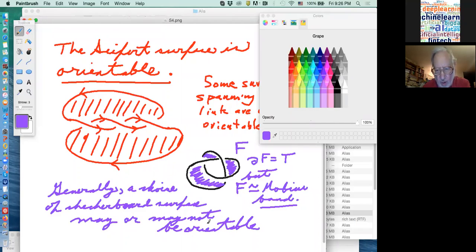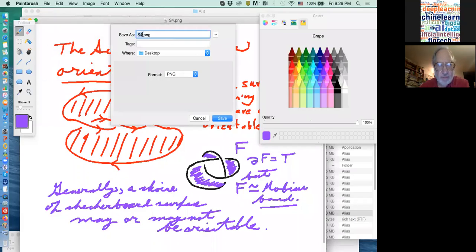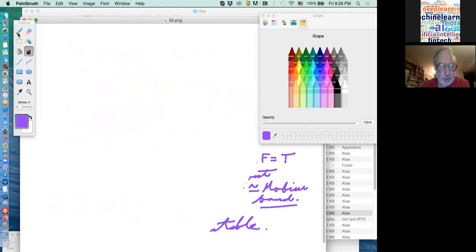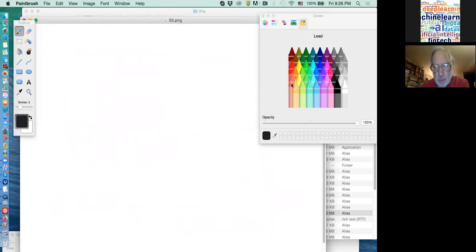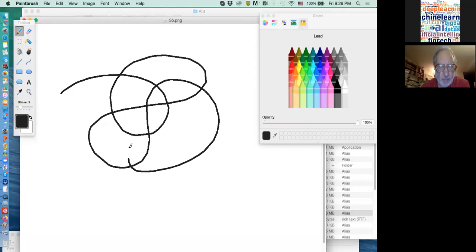So that's why, what I'm saying is, you could start with an arbitrary knot diagram or link diagram. And then you could choose a checkerboard surface if you wanted to. Fill it in so that it's two-colored as a graph.